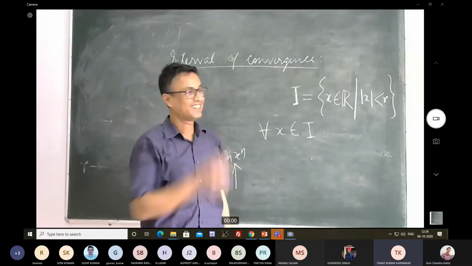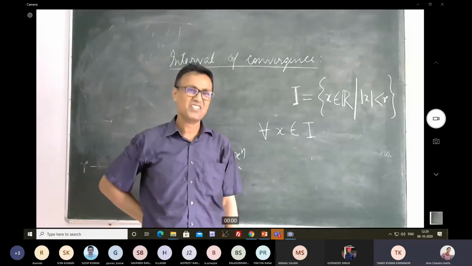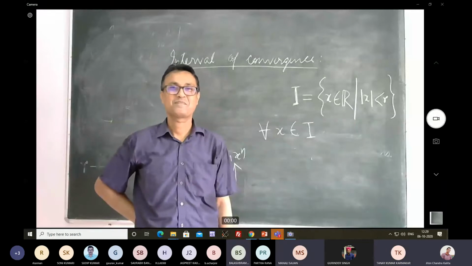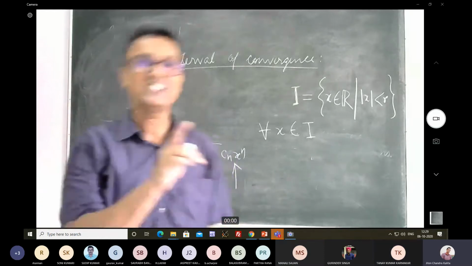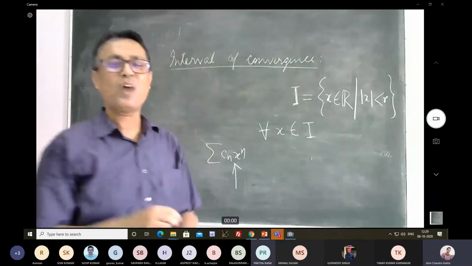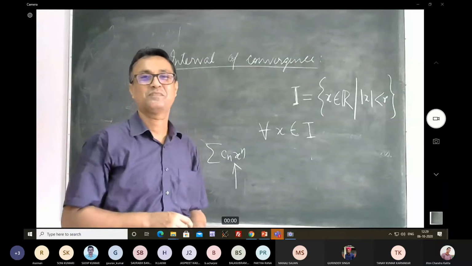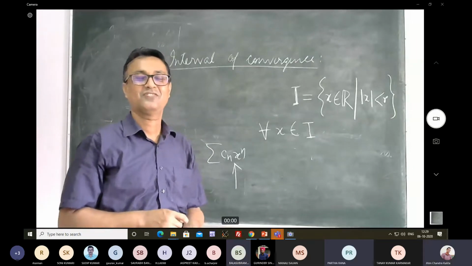Is it going to be an empty set or a singleton set? Empty set. Okay, fine. And why are we not bothered about x equal to 0? Yeah, I think x equal to 0 is not an interval.